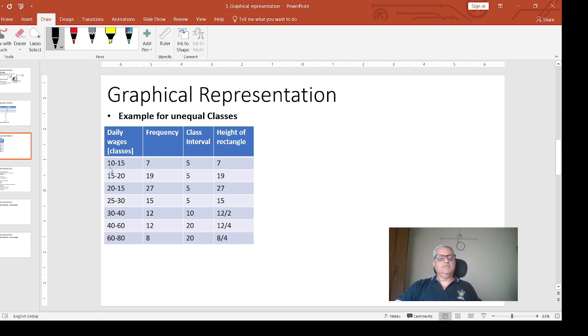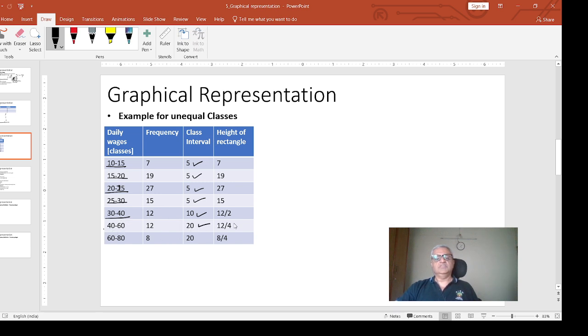Say for example, these are my classes: 10 to 15, 15 to 20, 20 to 25, 25 to 30. All four top classes have an interval of 5, whereas 30 to 40 has an interval of 10, and 40 to 60 has an interval of 20.